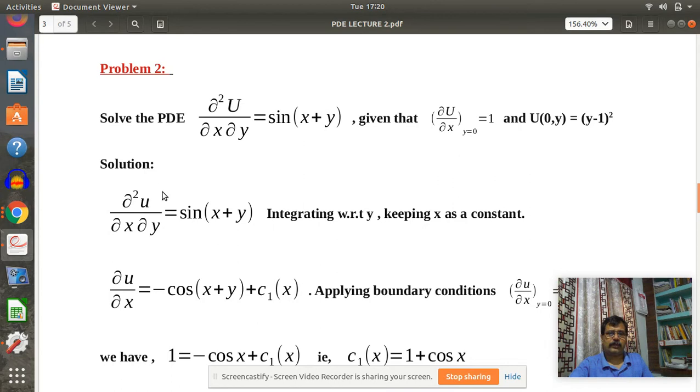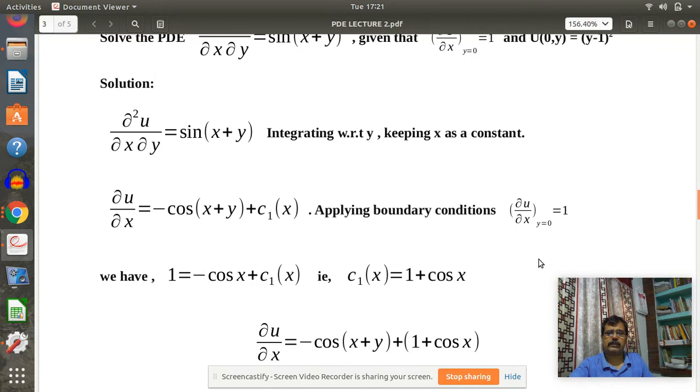On the left side, we get ∂u/∂x. The integral of sine of (x plus y) is not plus cos of (x plus y), it is minus cos of (x plus y). That is why minus cos of (x plus y) plus c1 of x, because I am treating x as a constant.